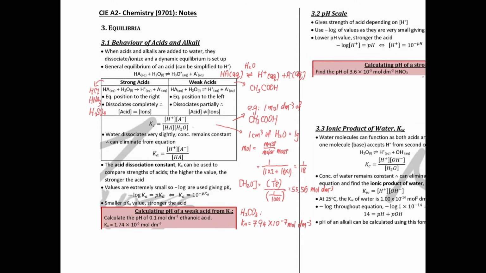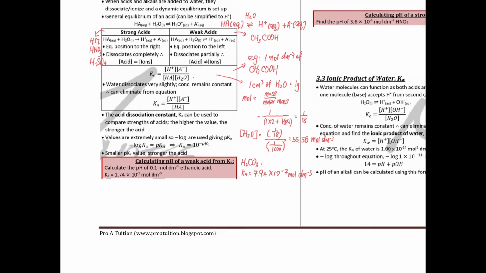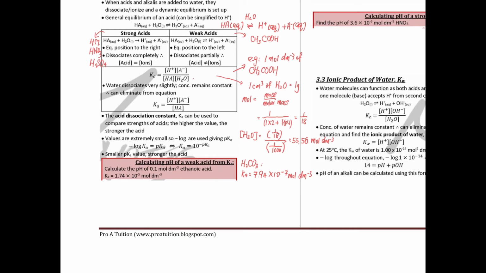So for example, if you want to change it to pKa, you need to negative log the Ka. So let's try to do it here, at the side. Example, pKa for ethanoic acid.